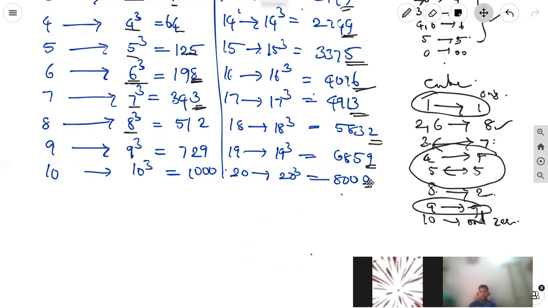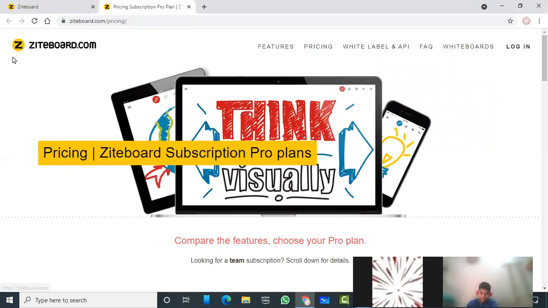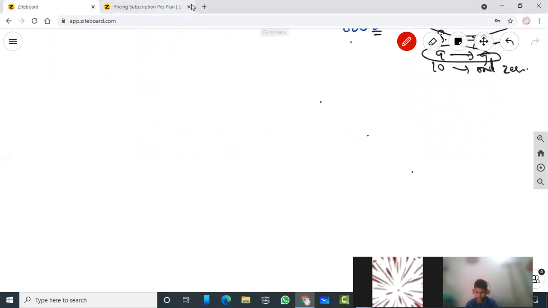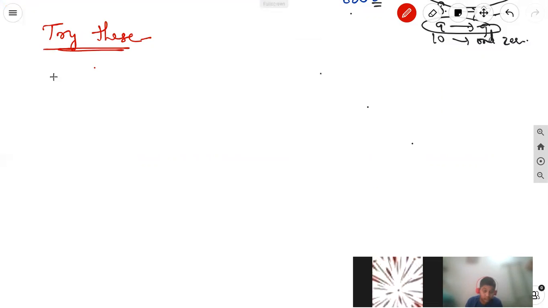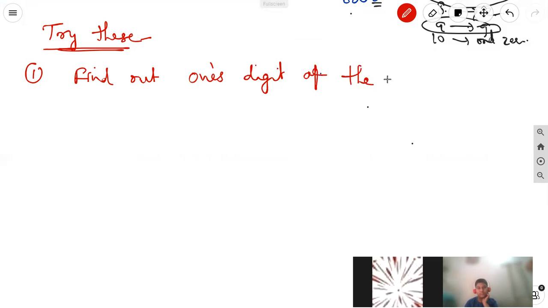Now we are discussing some problems. The first one, try this. Find the ones digit of the cube of each of the following.